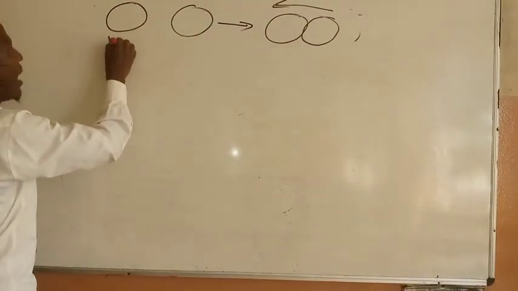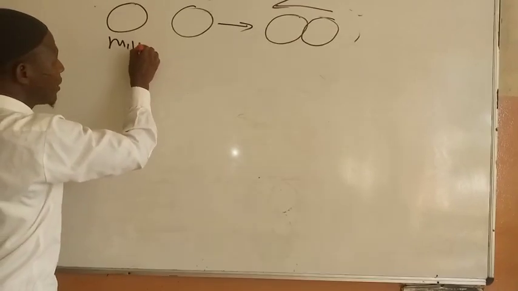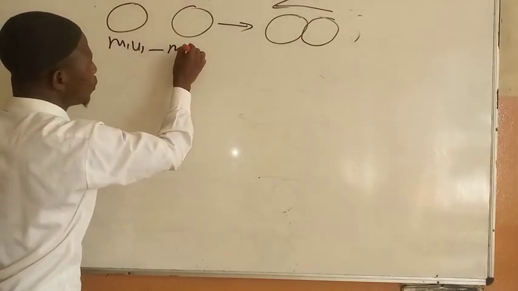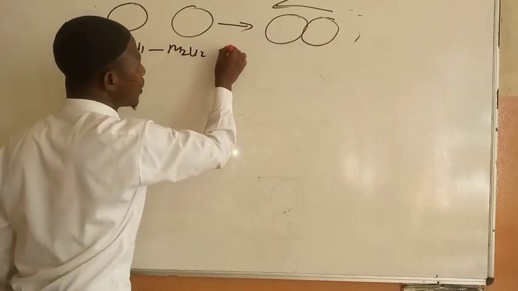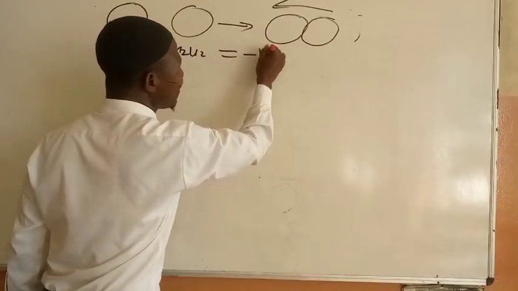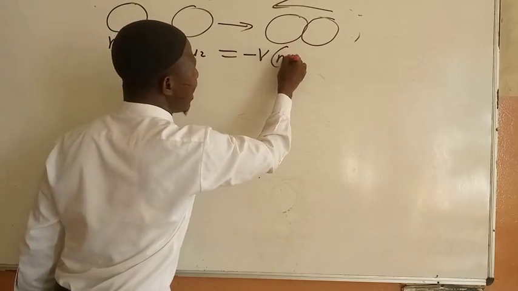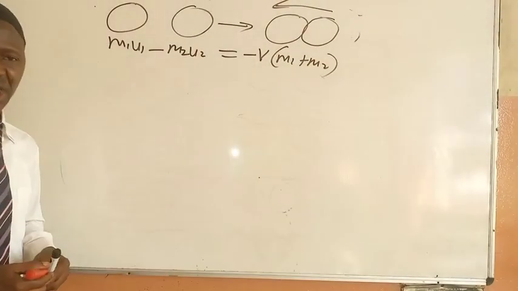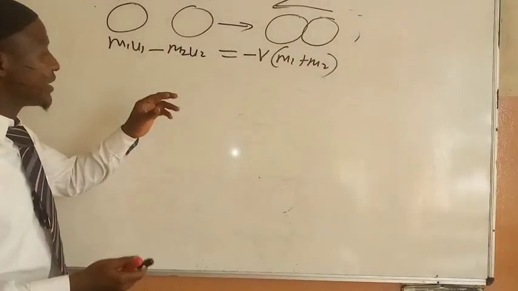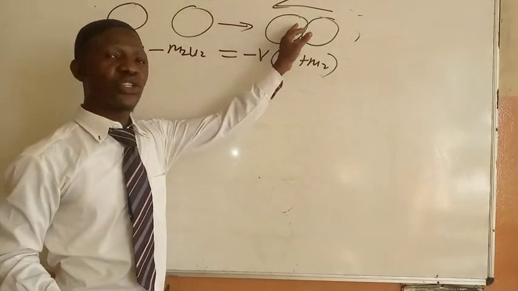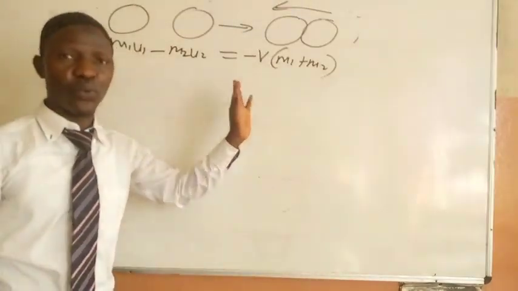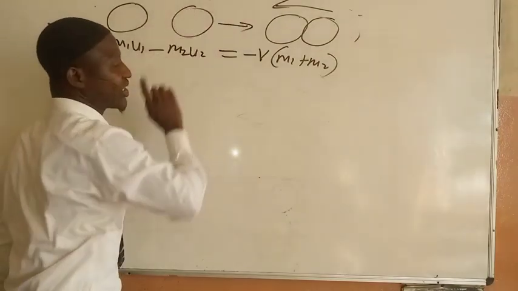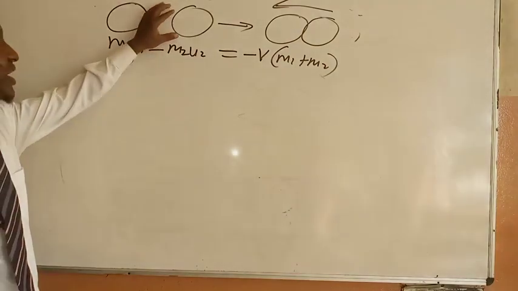So this one will now be M1U1 minus M2U2 is equal to minus V open bracket M1 plus M2. So it depends on the question. Once you can interpret the question like this to get the formula, it's very simple. You just make sure that your formula follows the direction you indicated on the diagram.